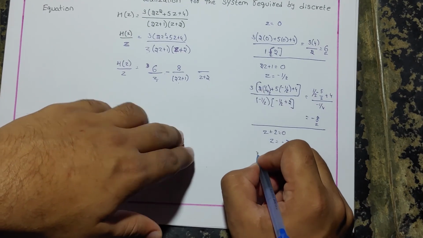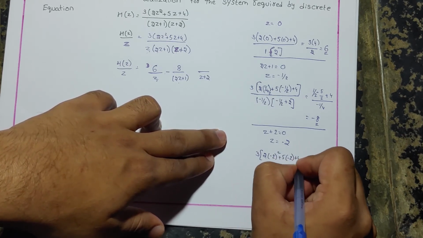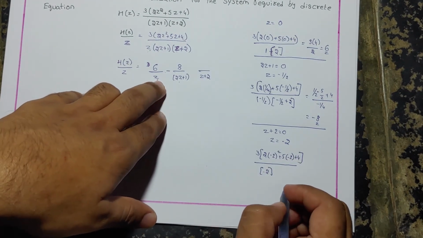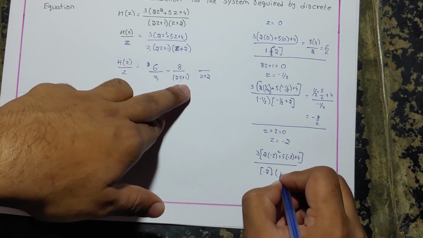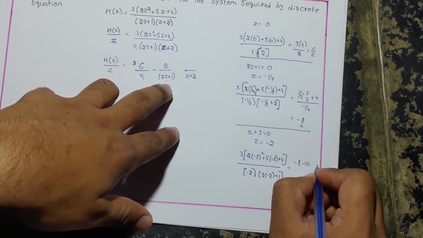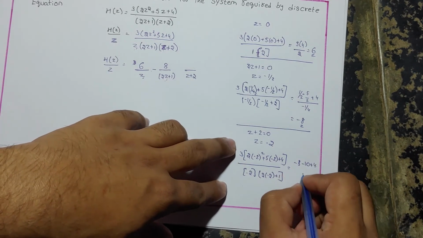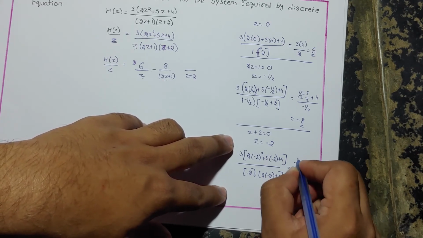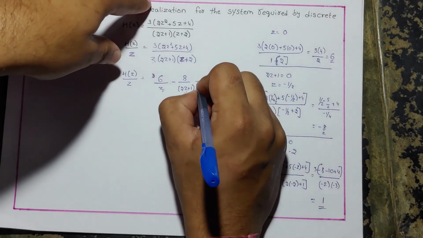Let us substitute 3 times of 2 into minus 2 whole square plus 5 times of minus 2 plus 4, divided by minus 2, which is in this case here, and for the other z here we have to substitute the value, that is 2 times of minus 2 plus 1, which is equal to minus 8 minus 10 plus 4 divided by minus 2 times of minus 3 multiplied by 3, which is equal to 1. Let us substitute that value here.